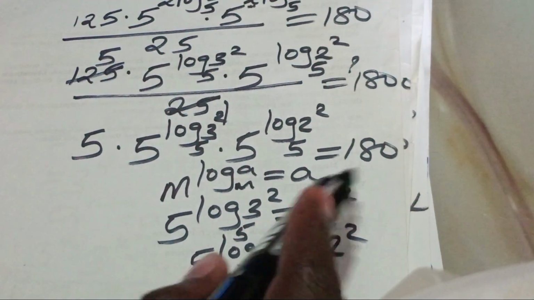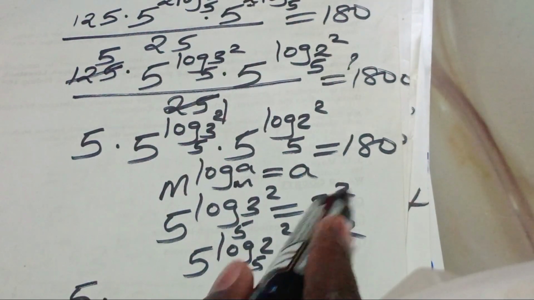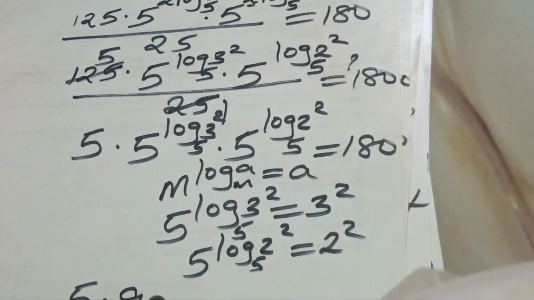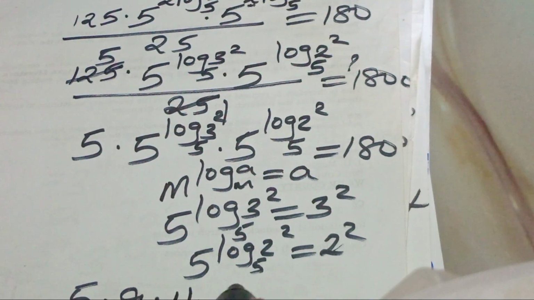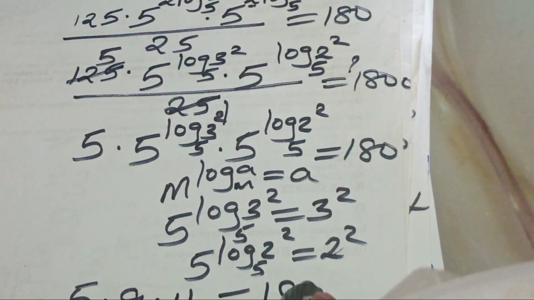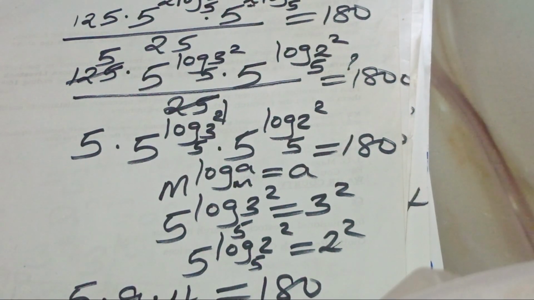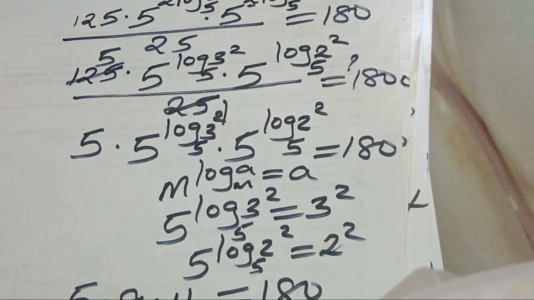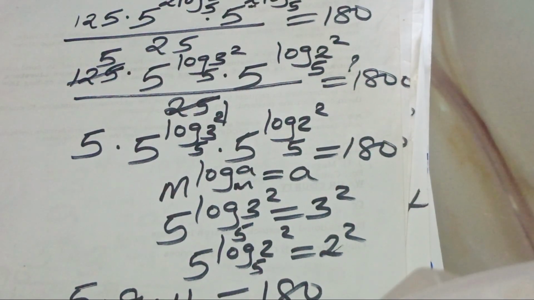Now let's substitute this. We'll have 5 multiplied by 3 squared, which is equal to 9, multiplied by 2 squared, which is equal to 4. This should give us a value of 180. 5 times 9 is 45, and 45 times 4 is equal to 180.